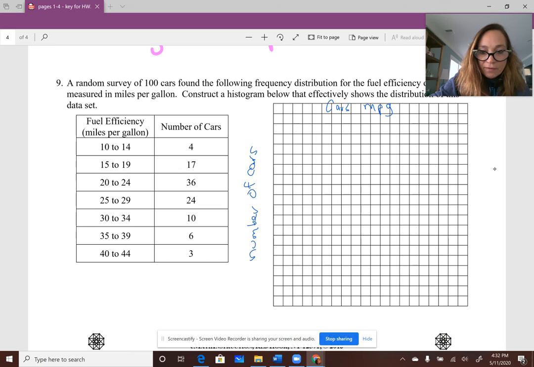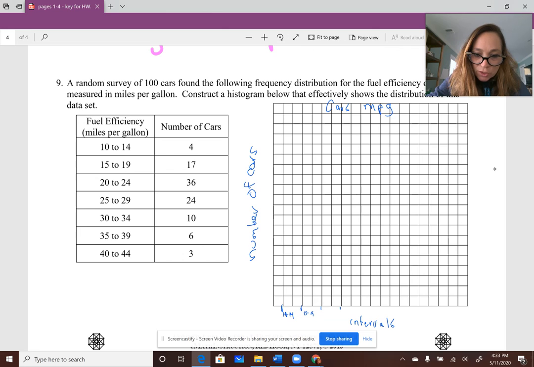All right, so then down here, these are going to be your intervals. I don't like to start against the axes unless I'm at 0, but they don't really take points off about that. Personally, I don't think it's great. So you do have to start with 10. So that's 10 to 14. And then this is 15 to 19. And they have to be the same size.